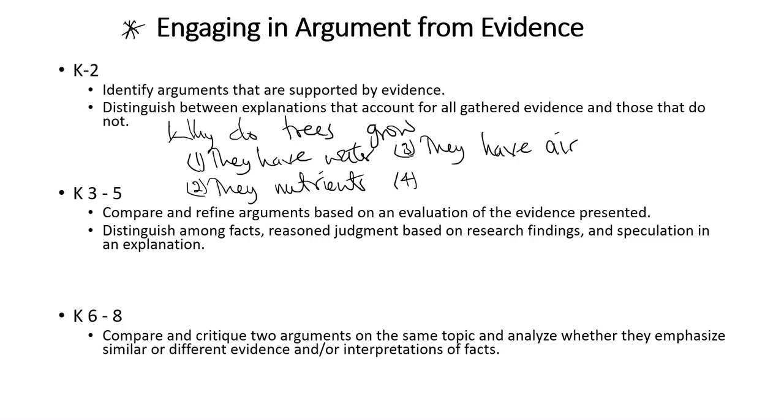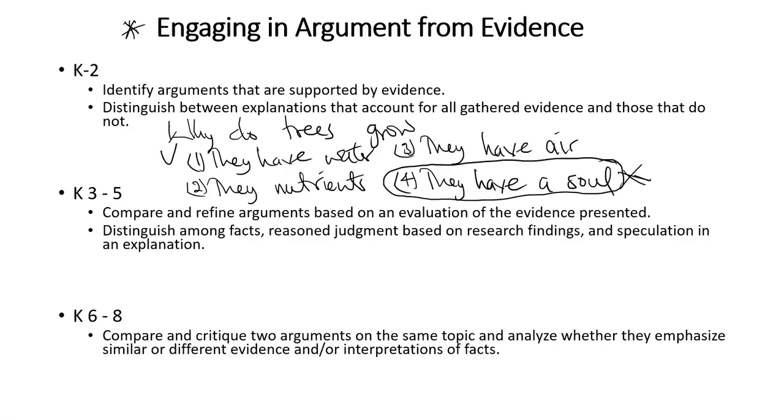A fourth explanation, they have a soul. So the students should be able to look at this and say, no, this is wrong. This does not account for evidence. These three account for evidence. So they should be able to do that at K2.